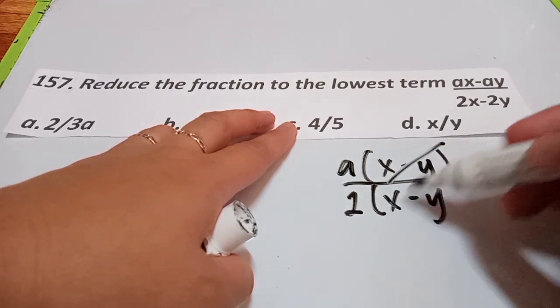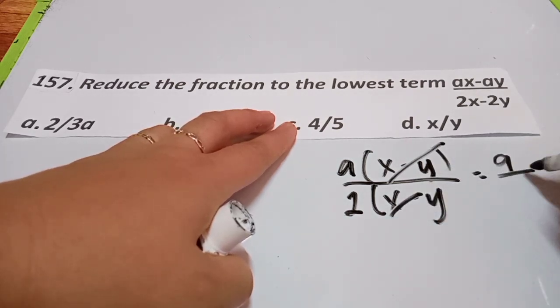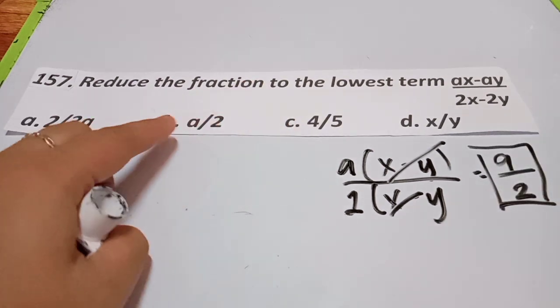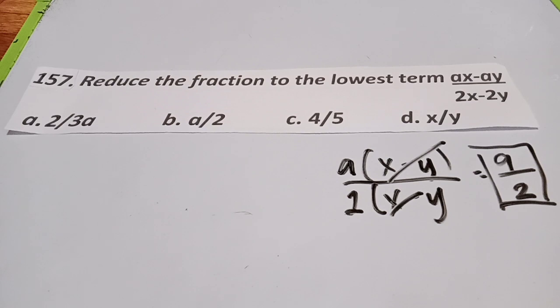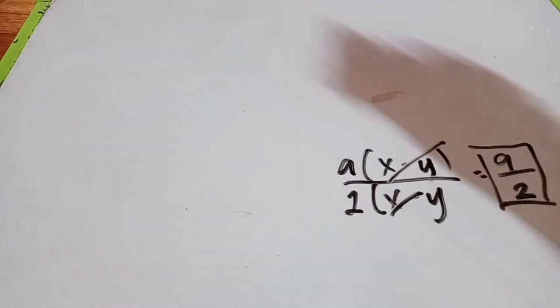So, we will cancel this one, and the remaining will be a over 2. So, our answer is letter B. Okay, let's proceed for 158.